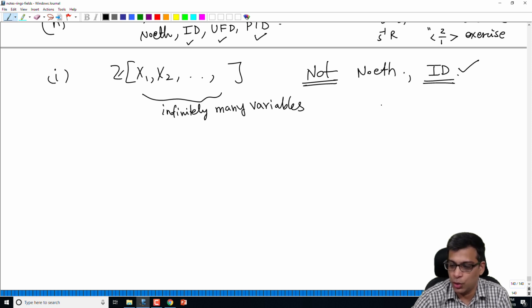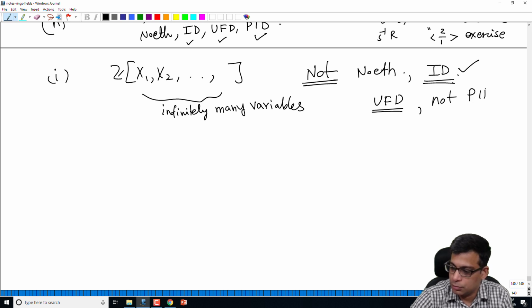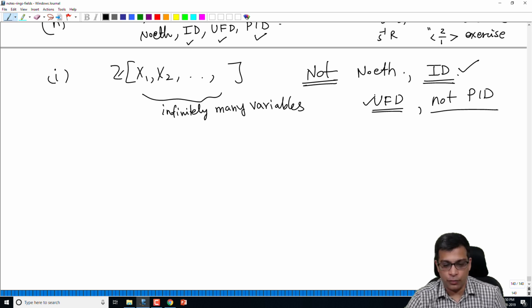It is also a UFD one can show, but not a PID. Just like you can show unique factorization for a polynomial ring, you can show it for infinitely many variables, because to determine unique factorization you only look at one specific element. You take a specific polynomial, it only involves finitely many variables. So you are really working in a finite polynomial ring, which is a UFD. It is certainly not a PID because once you attach 2 variables, it's already not a PID.